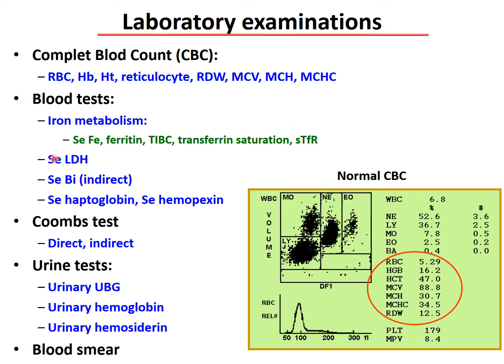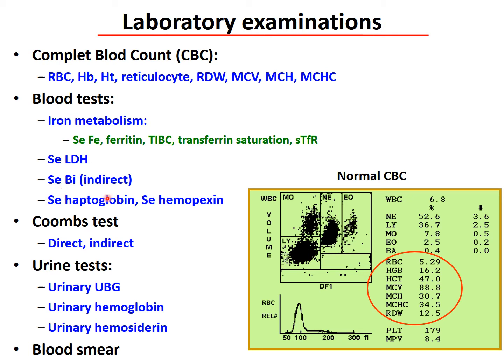To check hemolysis or destruction of the cells, they are going to check LDH 1 and 2. The isoforms 1 and 2 should be checked because that can be found in red blood cells. They are going to measure the serum bilirubin. Mostly the indirect is going to tell you that that's a hemolysis, or haptoglobin or hemosiderin.